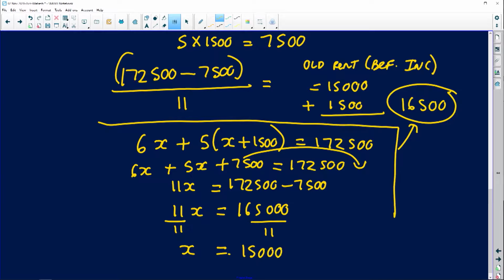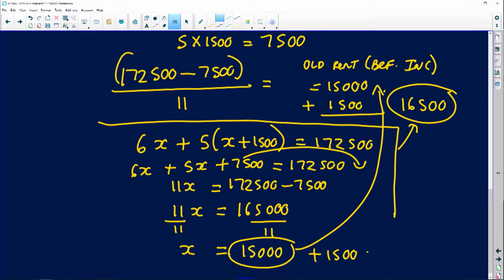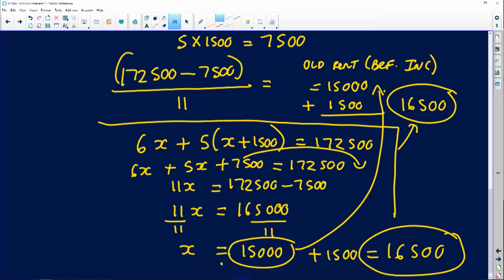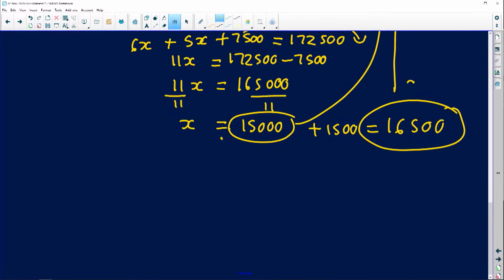Okay, so remember that's the old rent, and obviously that was the amount that we got above there, plus 1,500 gives us the adjustment amount of 16,500. Okay, so as I said, guys, you decide which method you want to use. Both methods going to give you the same amount. Now that I have the adjustment, 16,500, please remember that the two accounts that will get affected with the 16,500, obviously my rent income.